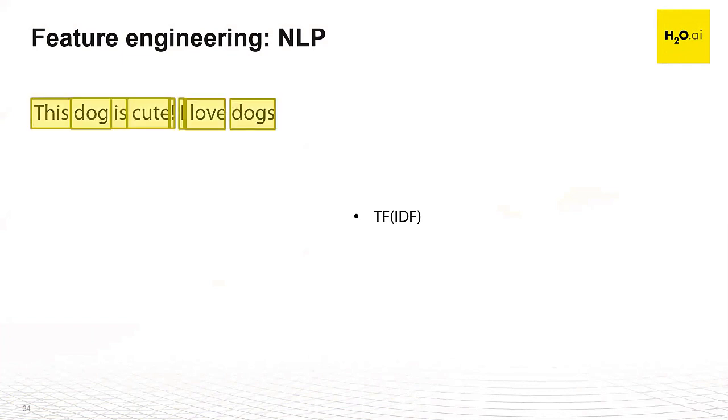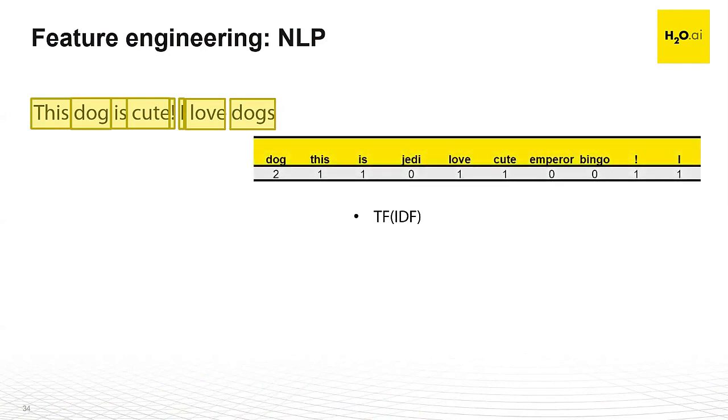What this does is it takes each word and treats it as a single column in your data. Then you count, out of all possible words in your data, which words and how many times appear in each row. Sometimes this representation is powerful enough for a linear algorithm or an XGBoost model to give you some good predictive results.